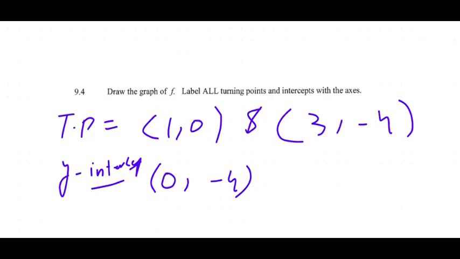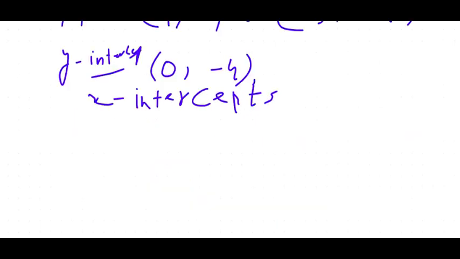So the next is the x-intercepts: we have 4 and 0, and we have 1 and 0.